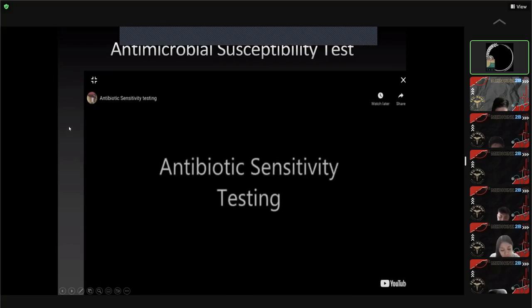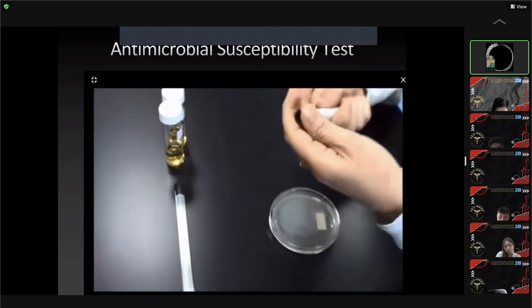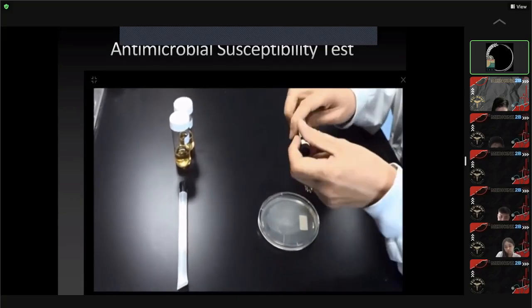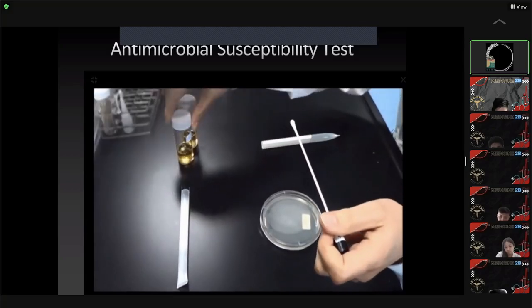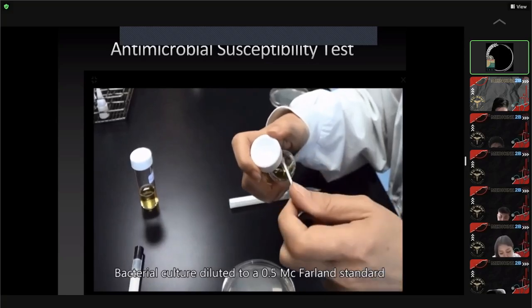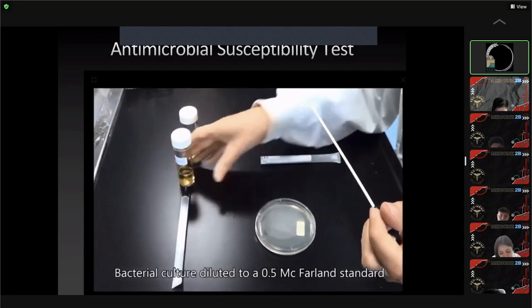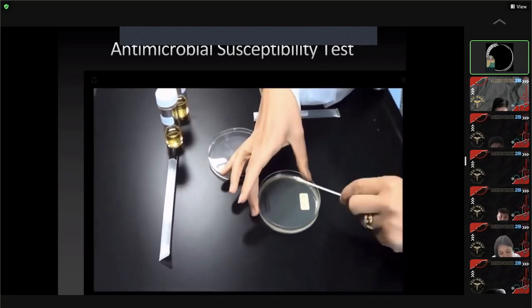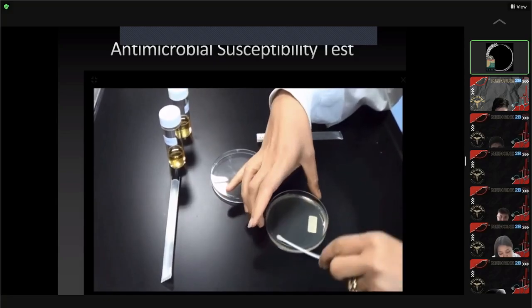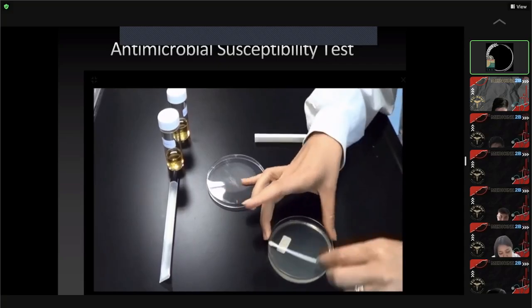Antibiotic sensitivity testing. To determine the antibiotic sensitivity of bacteria, the following method is used. Soak a sterile swab in a diluted bacterial culture and press it against the inner wall of the tube to remove excess fluid. Carefully swab the entire surface of the Mueller-Hinton agar plate, ensuring that the swab overlaps each time to evenly distribute the inoculum.